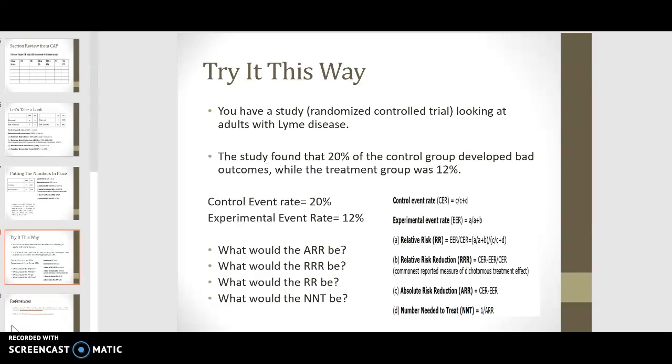Now let's look at relative risk. We know that for relative risk, the equation is experimental event rate divided by control event rate. So in this case, the relative risk would be 12 divided by 20. That's 0.6.